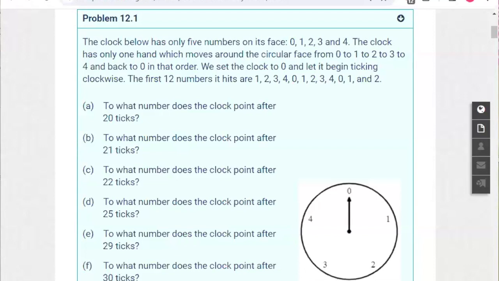What is the 13th tick going to hit? 3. What is the 14th tick going to hit? 4. And the 15th tick? 0. And the 16th tick? 1. Excellent. Charlotte, the 17th tick, what is that going to hit?